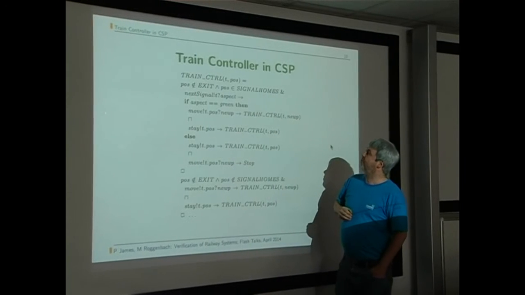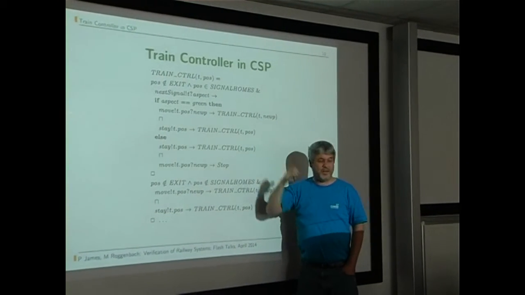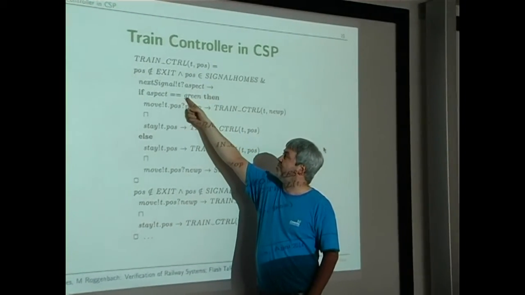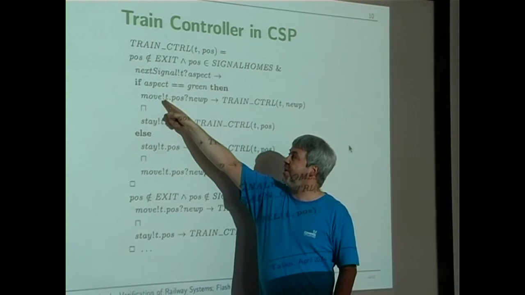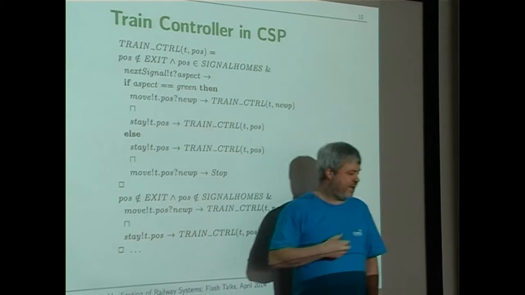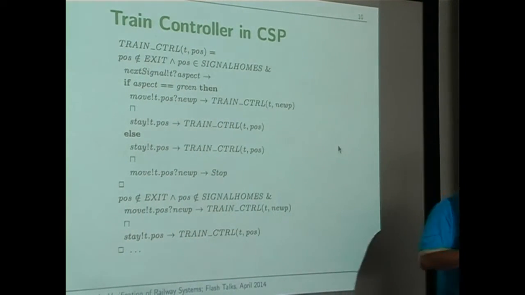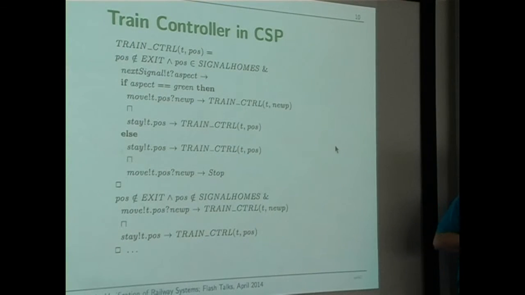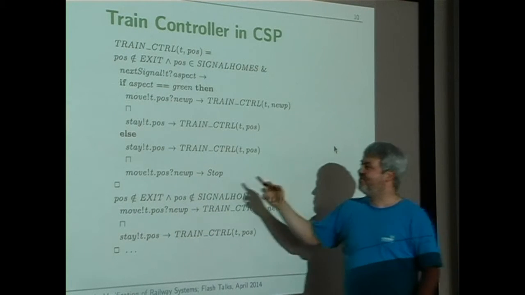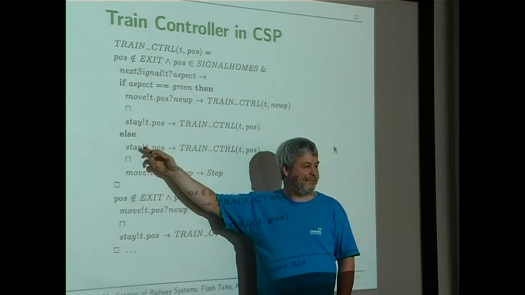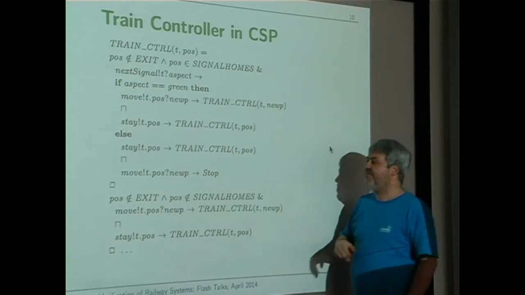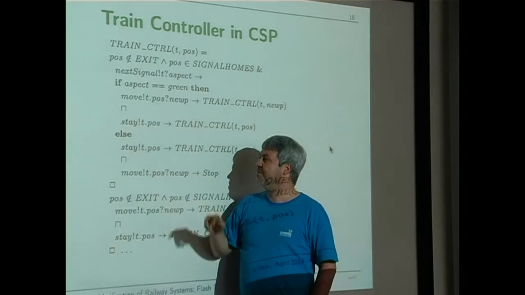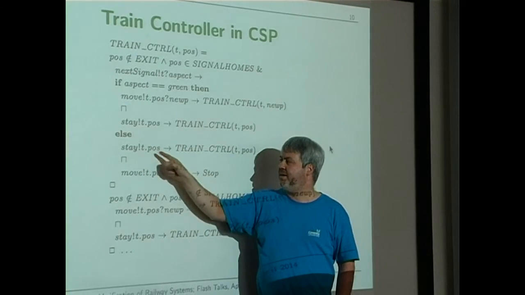So if I'm a train and I'm in front of a signal that shows green, then I can decide either to move, or maybe as a train driver I see there is unfortunately cattle on the track, then I might want to stay in my position even if I have green. And otherwise, if I have red, I'm supposed to stay.